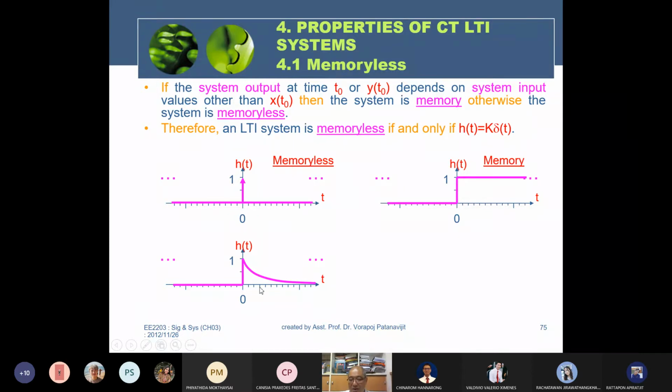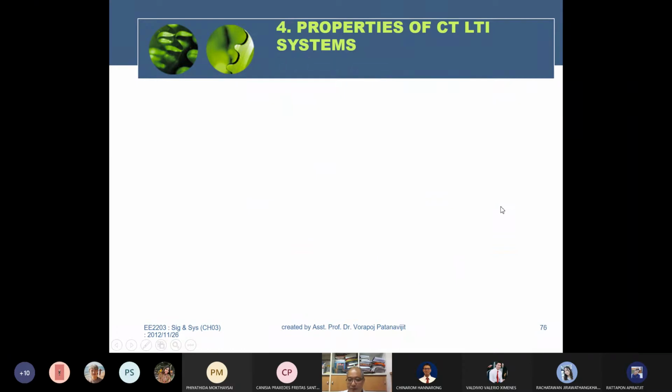But if it's not 0, the system is memory. For the last one here, the system is not 0 for time less than 0 and time greater than 0. Therefore, the system is memory.